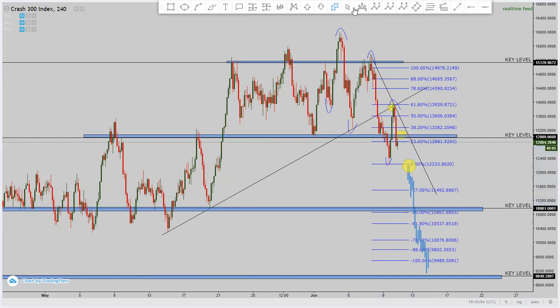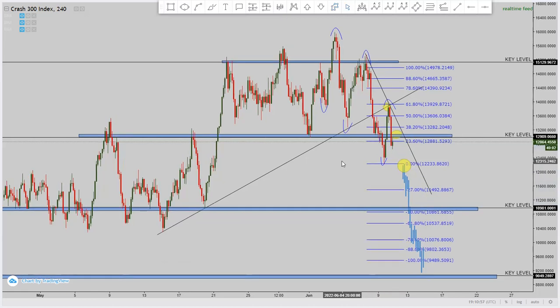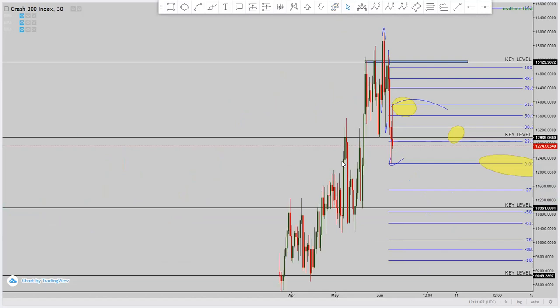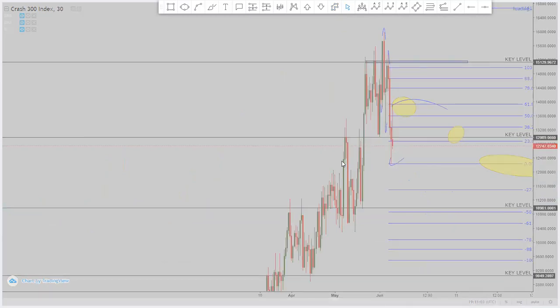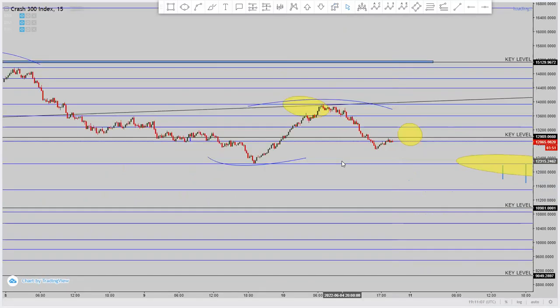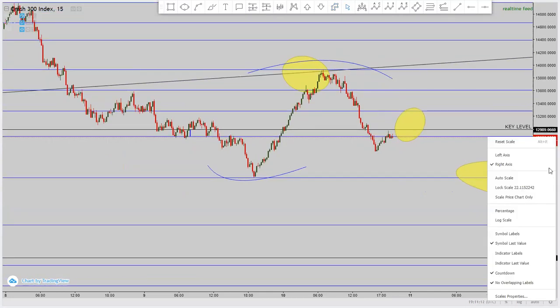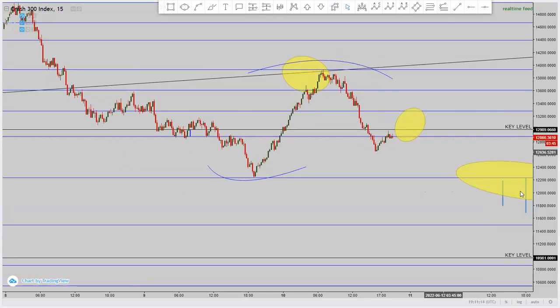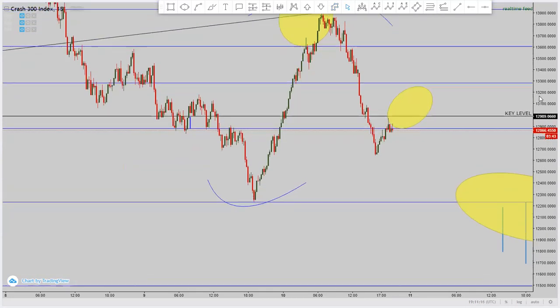But if you saw the monthly analysis that I sent in the group, you realize that Crash 300 has a long way to go to the downside. We are having a major long-term sell for Crash 300. When I mean long-term sell, I mean long-term sell.